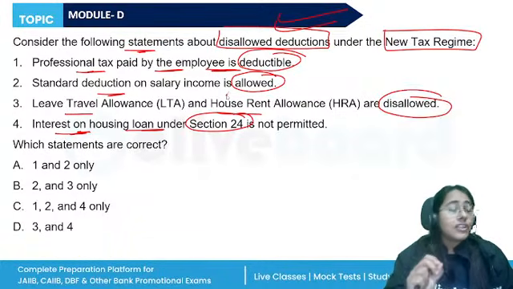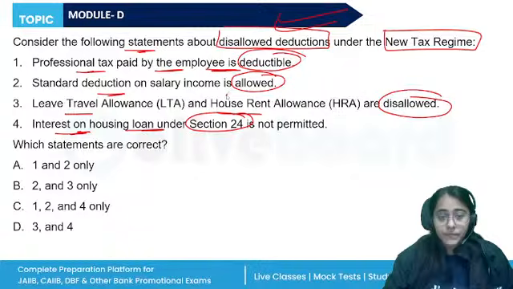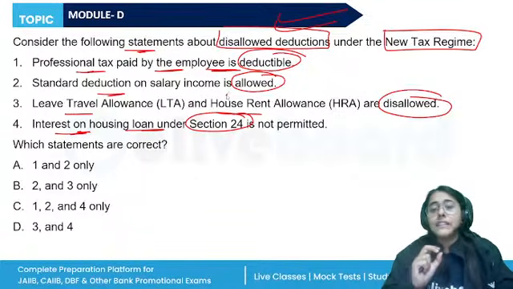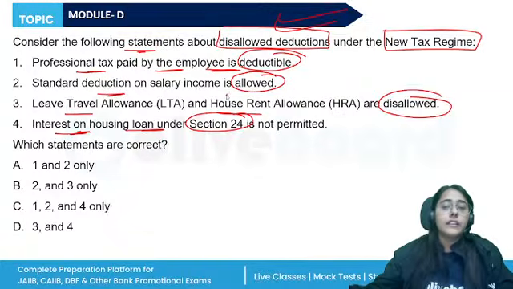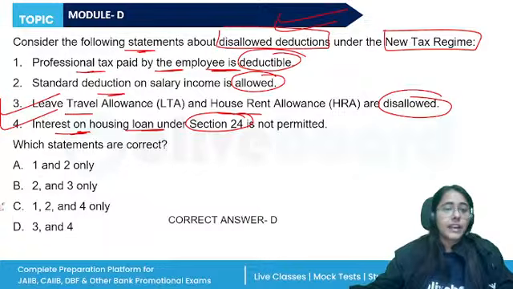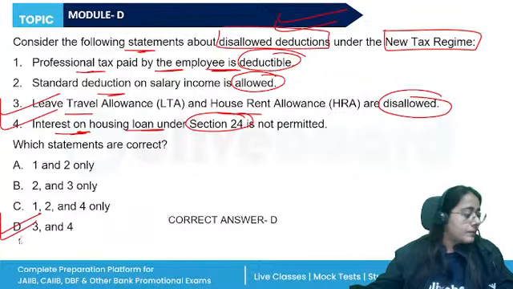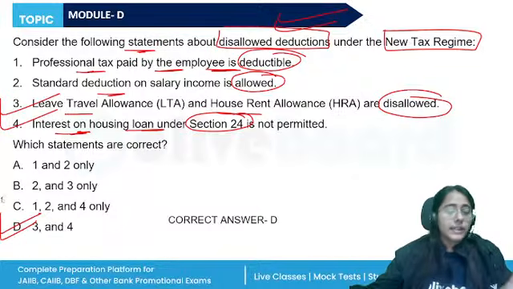Standard deduction on salary is also not allowed. Professional tax, interest on housing loan, all of these are not allowed under the new tax regime. So the correct answer should be 3 and 4. Yes, 3 and 4. These are allowed in the old regime, but they are not allowed in the new regime.